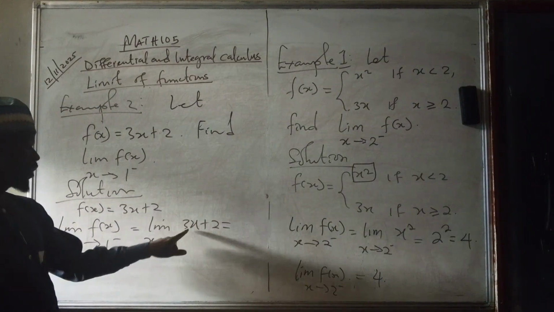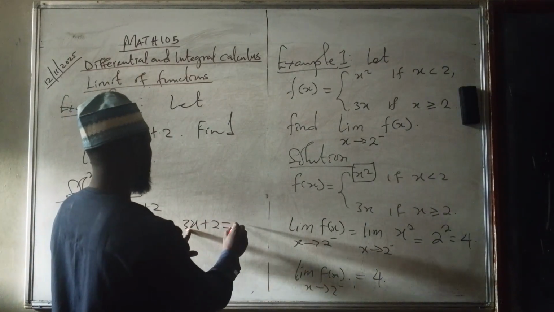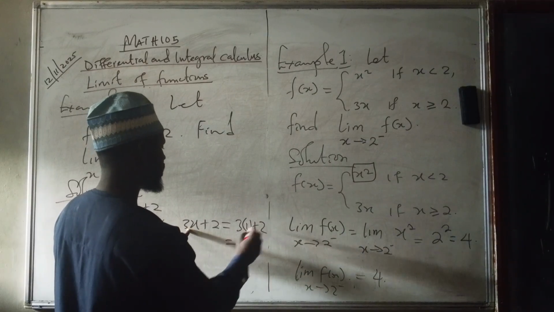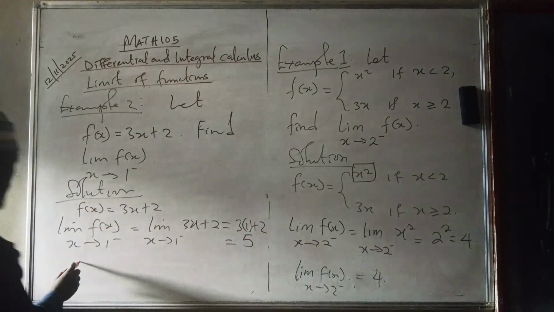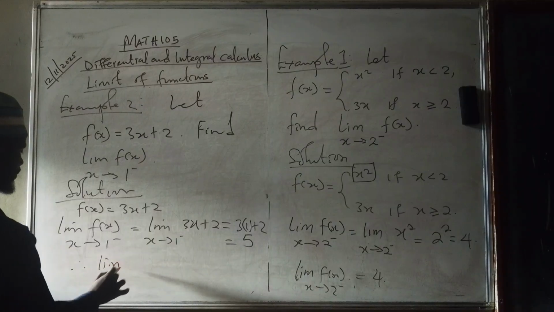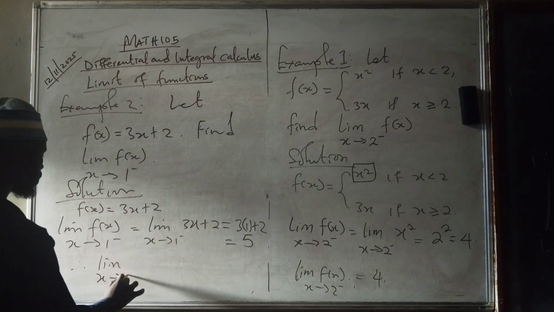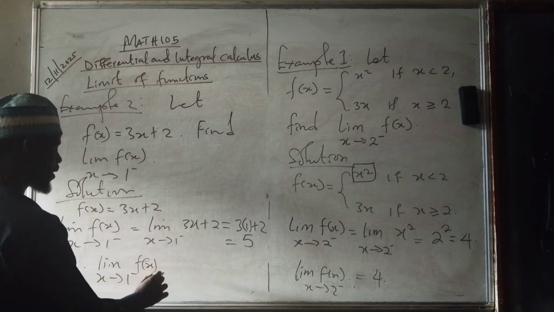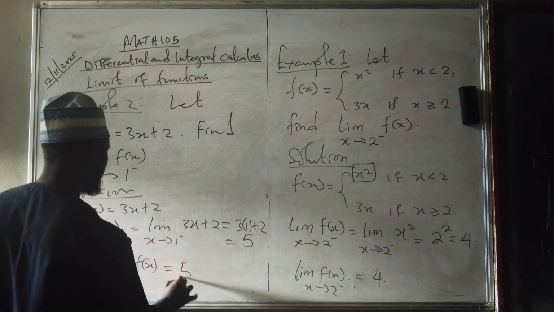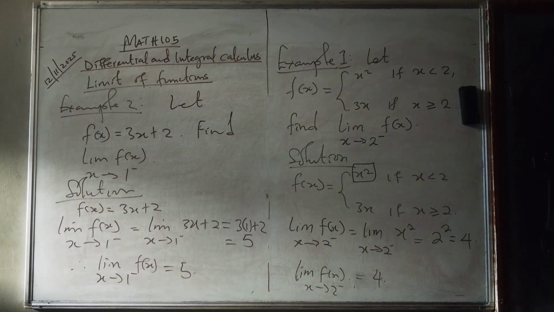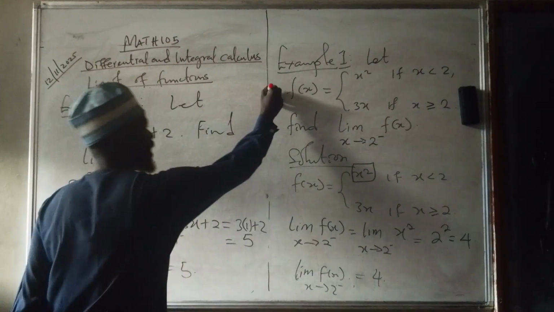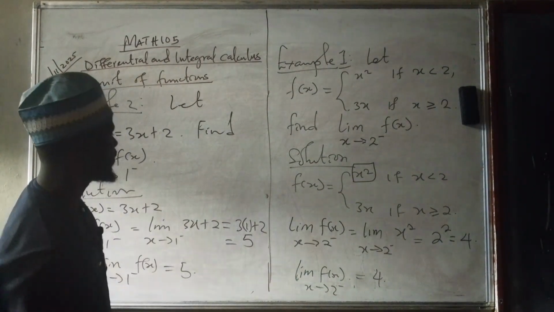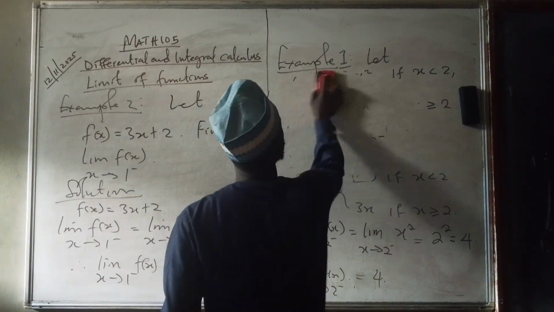When you substitute x equal to 1, this is 3 times 1 plus 2, which is equal to 5. So you conclude that the limit as x tends to 1 from the left is equal to 5. So you have found the limit to the left of that function.